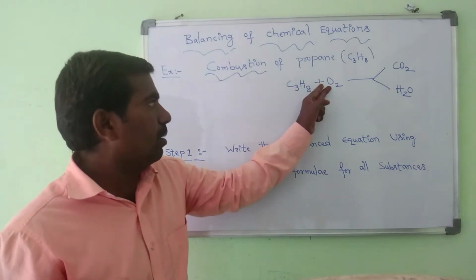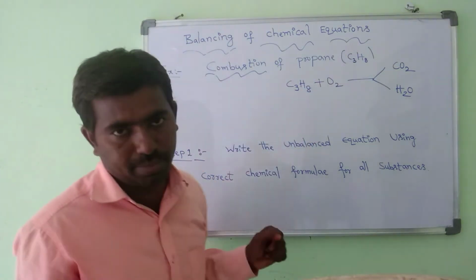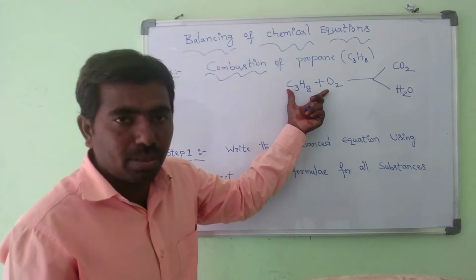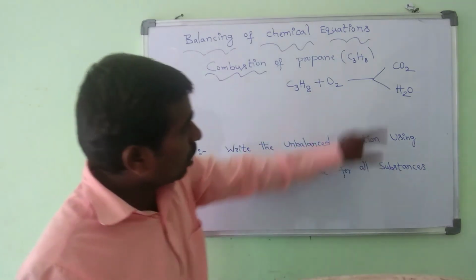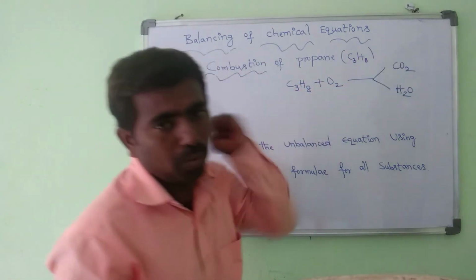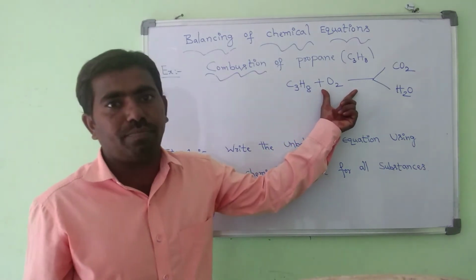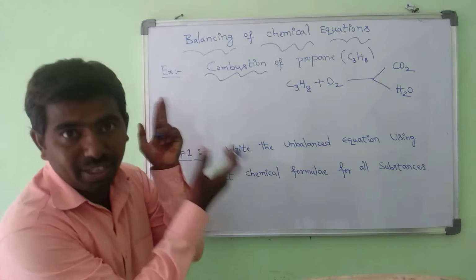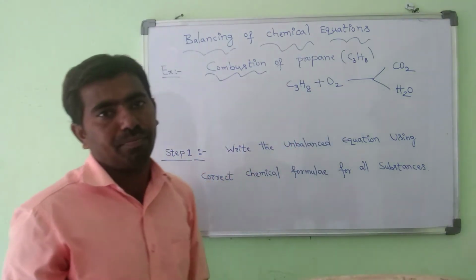It is burned in the presence of oxygen and gives rise to these new substances. So the previous substances are two, propane and oxygen. New substances, carbon dioxide and H2O. That's why we can say it is a chemical change. So a chemical change is occurring here, and we can say it is a chemical reaction.